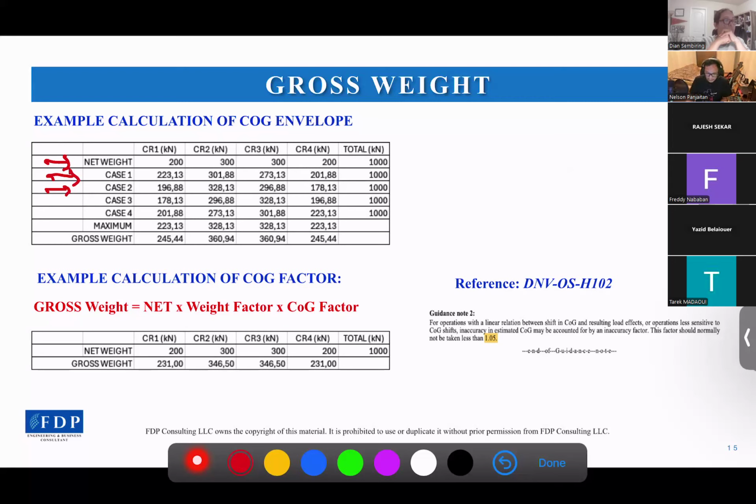Once we have finished with the crane's reaction for all cases, we call it the crane's net load. And then we compare all the net loads from each case, and we use the maximum load. This maximum is taken from comparison of the net weight, case 1, case 2, 3, and 4.